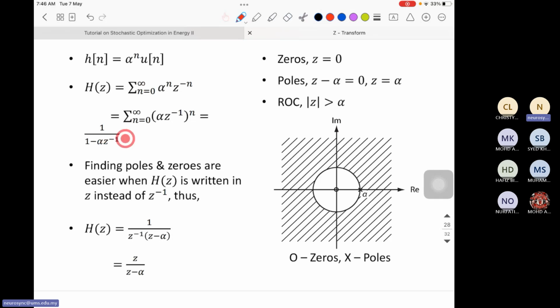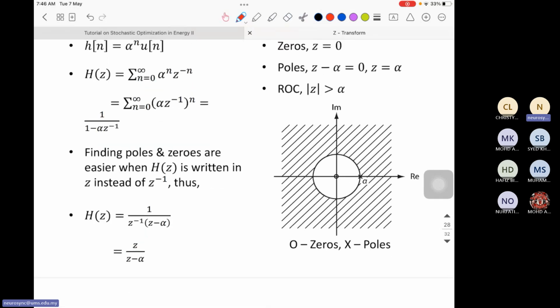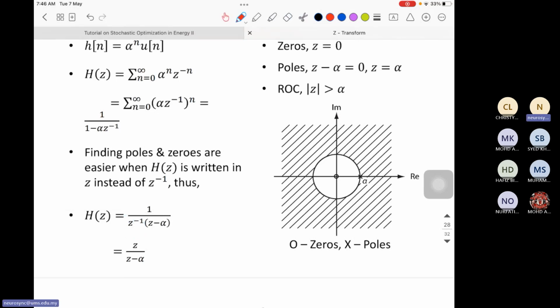We will solve this and write it in terms of Z. If you take Z inverse common in the denominator, then this is Z minus alpha, and the Z inverse goes in the numerator. So we will get Z divided by Z minus alpha.